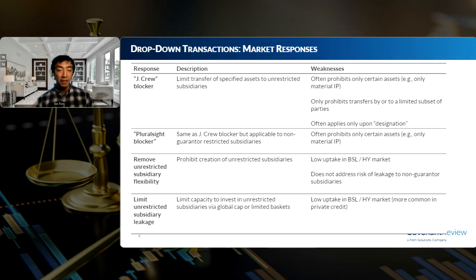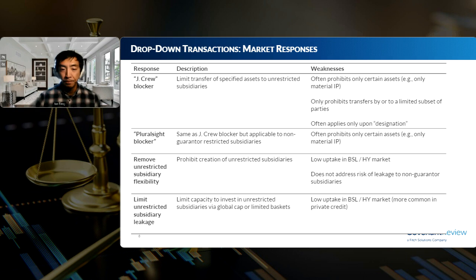You are allowed to designate that entity as unrestricted and won't even use up investments capacity because that empty box has no value. Because the blocker is only tested upon designation, that means in the future, you can start transferring the IP to that newly designated unrestricted subsidiary, because at the time of designation, it did not own material IP, but it can acquire material IP in the future.